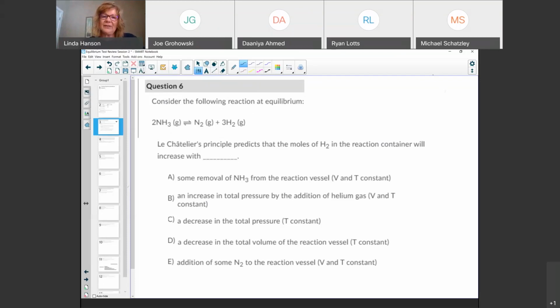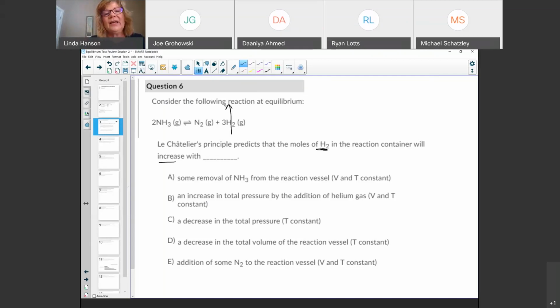Here we're being asked, what would be a stress in terms of measuring hydrogen in the reaction that will make the hydrogen value increase? Looking at what our goal is, we want the hydrogen to increase.